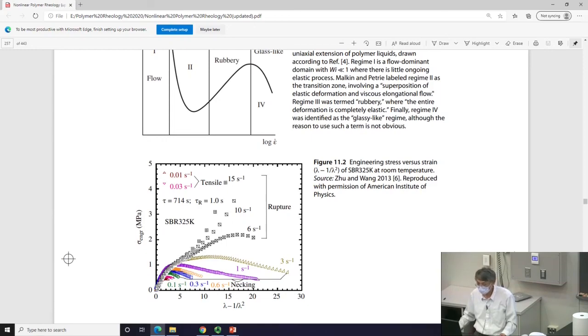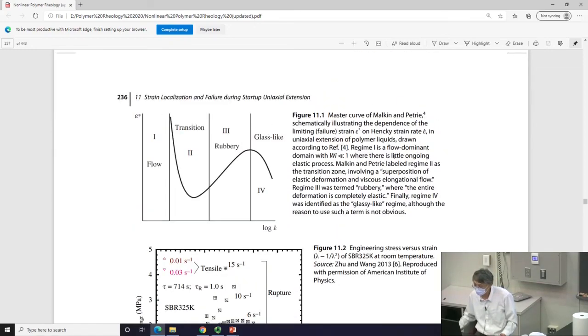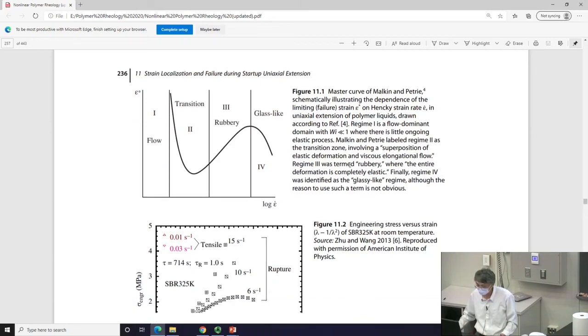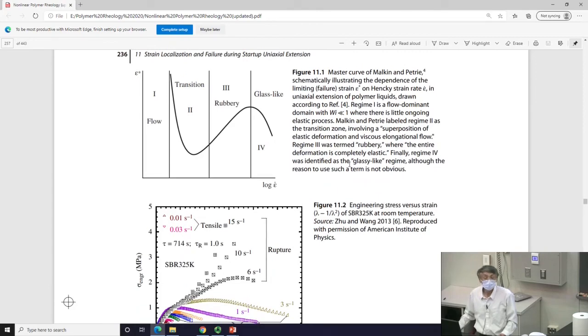It's mapped out by basically my friend Malkin. This is the paper, Malkin and Petrie in 1997. When I was in a very early stage of investigating this, I had several email exchanges with Professor Malkin.